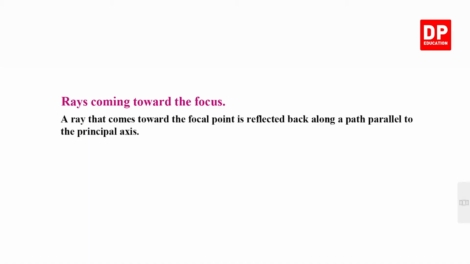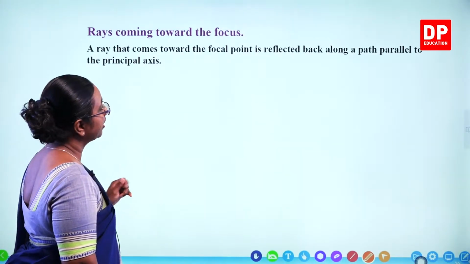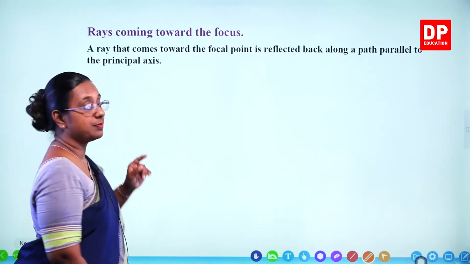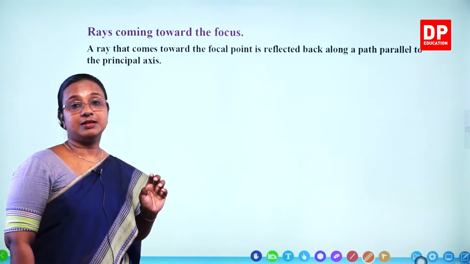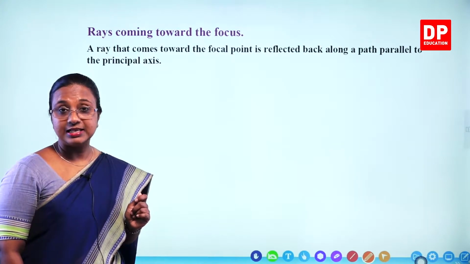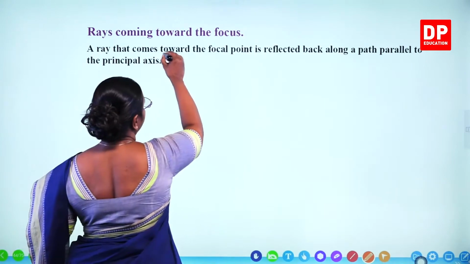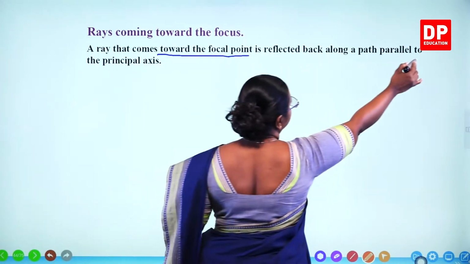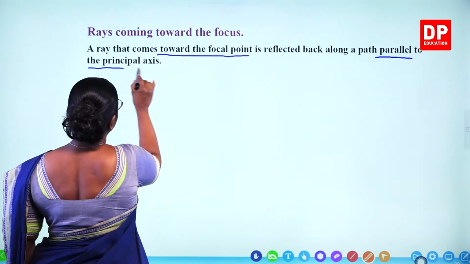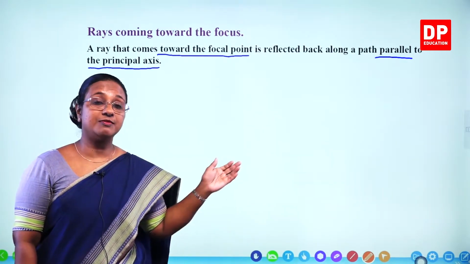Rays coming toward the focus. A ray that comes toward the focal point is reflected back along a path parallel to the principal axis. It's similar, but the way it reflects will be slightly different. So, to draw this ray diagram, first we will observe the ray.